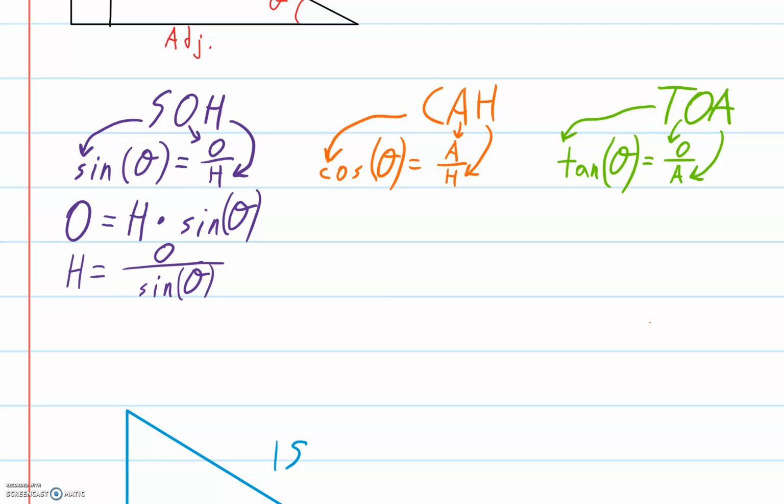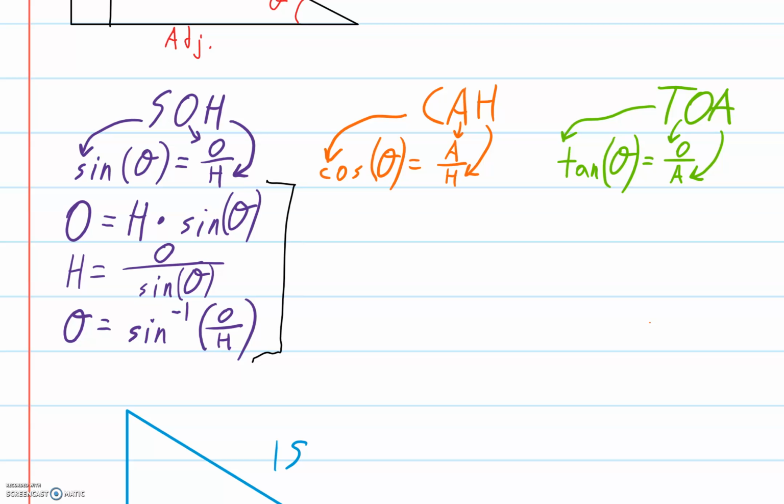And last but not least, we can do opposite operations to the sine function to get theta by itself. We use inverse sine, which is written sine to the negative 1, of opposite over hypotenuse. Each of these is just solving for a different value, but they're all based off the first one, so you should be able to rearrange the first one to get to any of these.